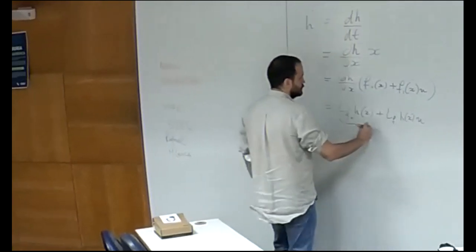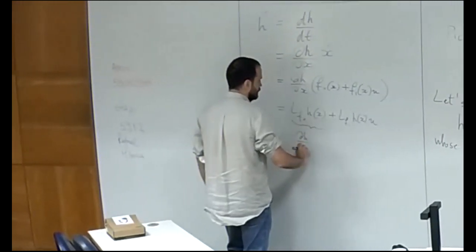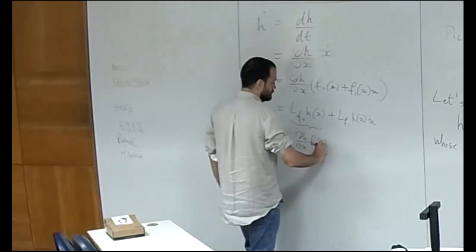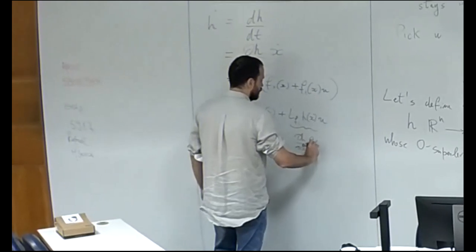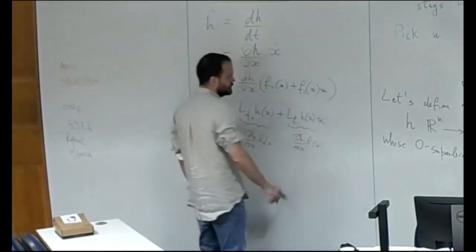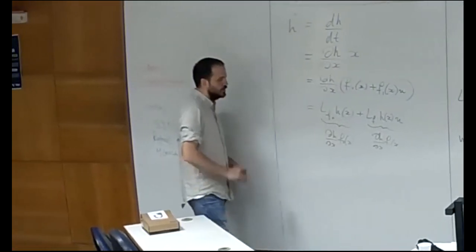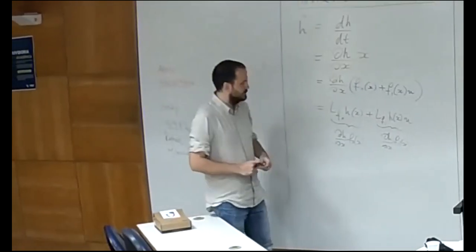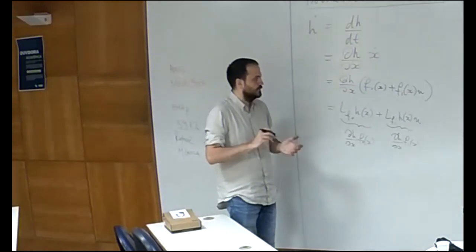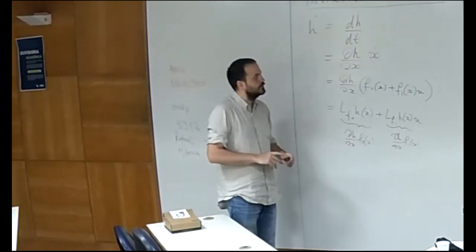This is again short for the gradient of h times f0, and the gradient of h times f1. Very convenient. It's just the gradient times the vector field.